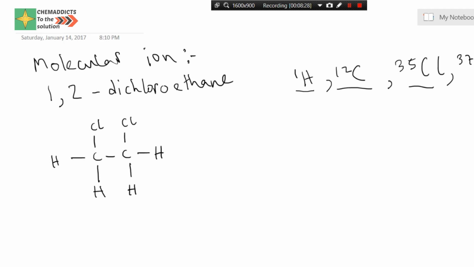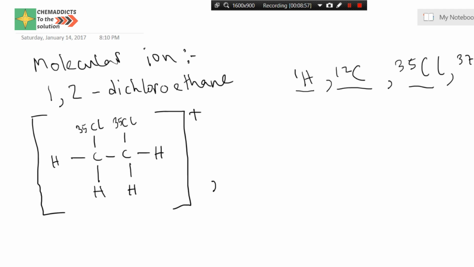One possible molecular ion is this, with chlorine 35 and chlorine 35. Since one electron is removed from this molecule, it would be a cation. So here we have found one possible molecular ion.